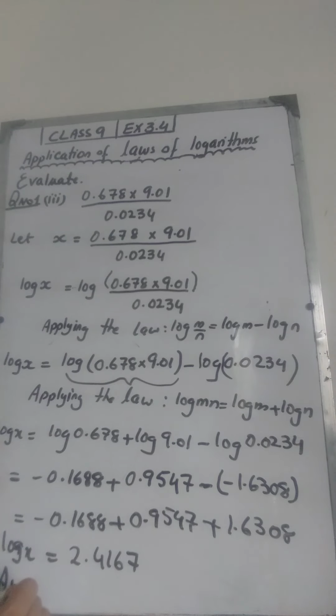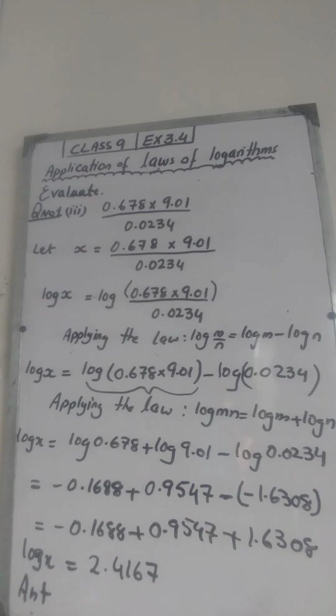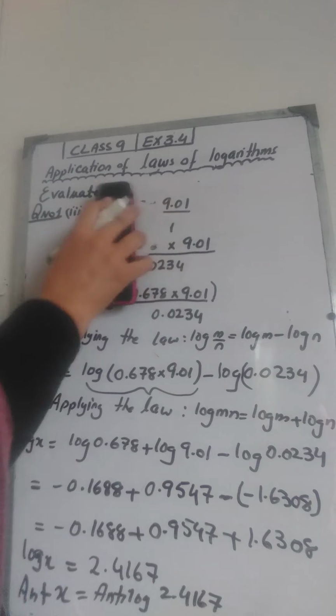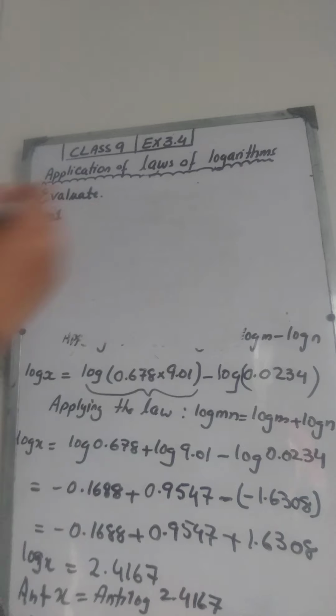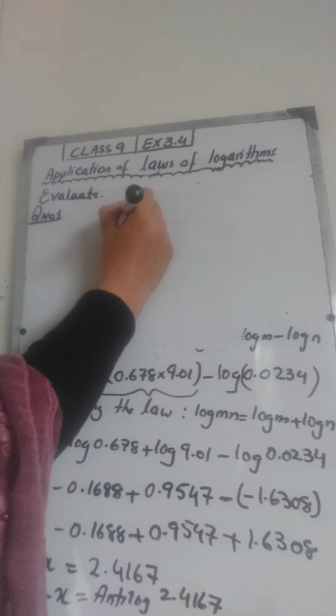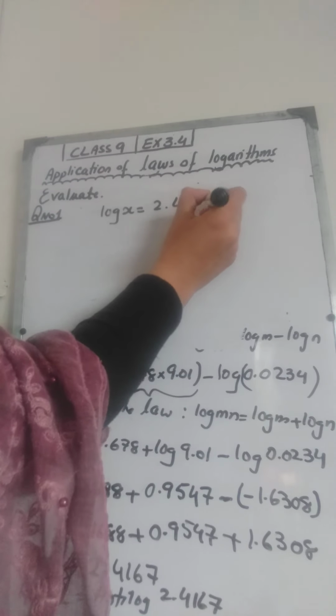So antilog of x will be equal to the antilog of 2.4167. Let me write it again here, it's more visible. What we have calculated is that log of x came out to be equal to 2.4167.